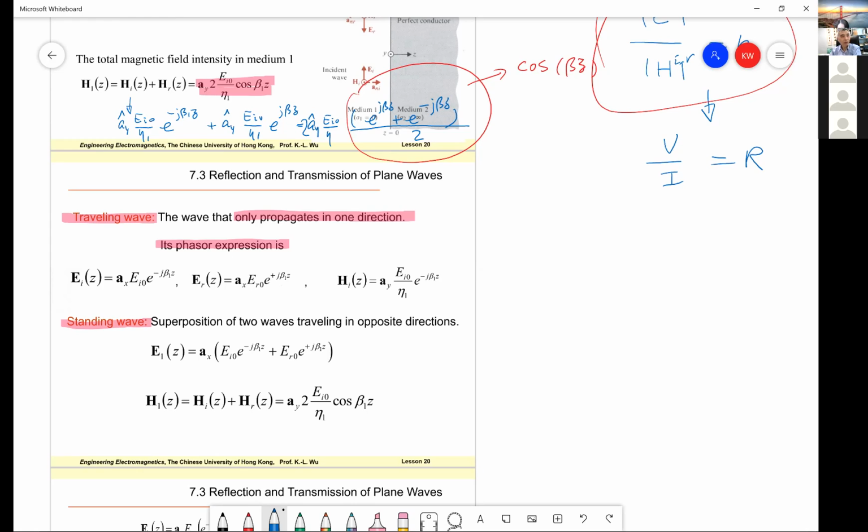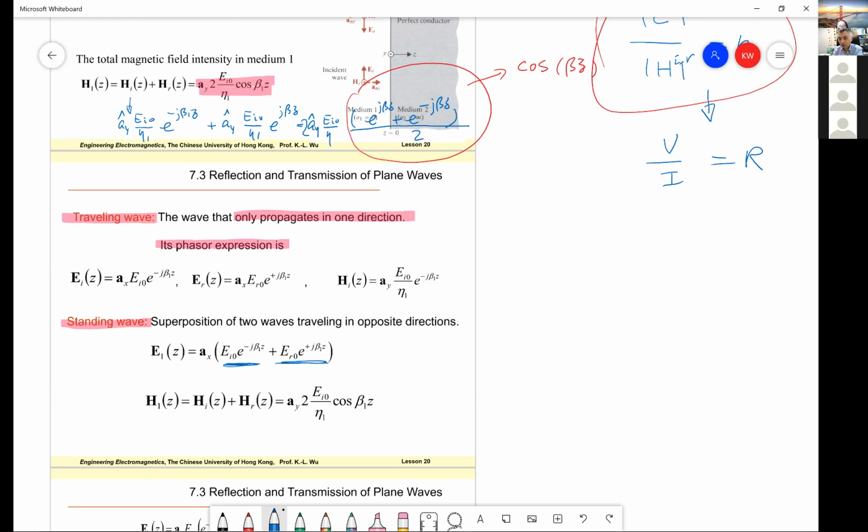What is a standing wave? A standing wave is when you have two waves superposed together, and they form a standing wave.